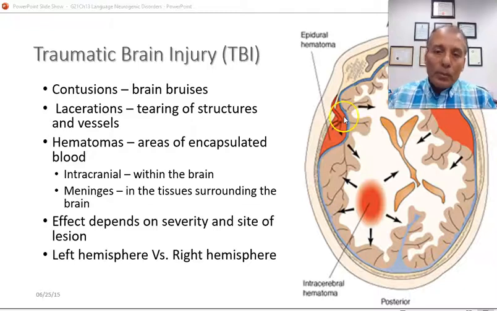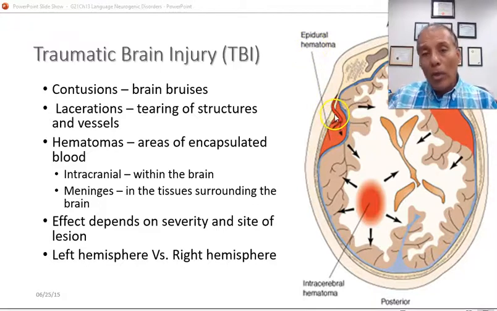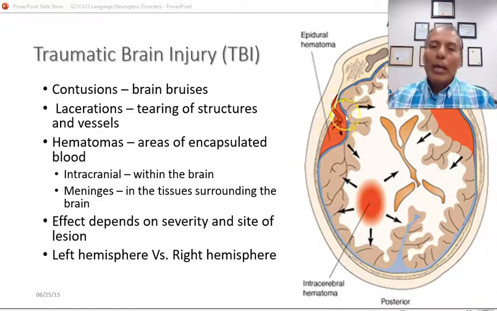So there is epidural hematoma that separates the first layer of these meningeal layers from the skull, and then the blood just pools here and keeps pushing all these structures away, and all the functions of this area are going to be damaged. So at least temporarily, until something happens to relieve that pressure.